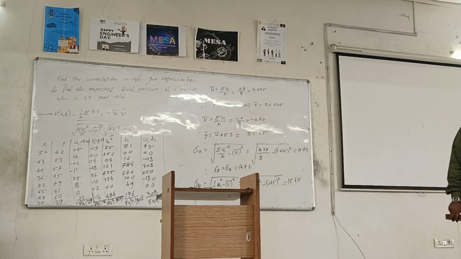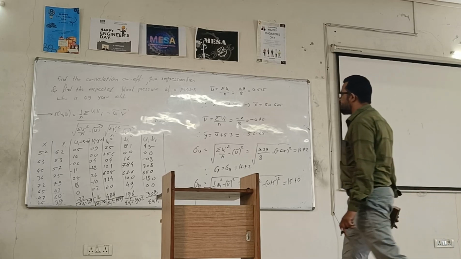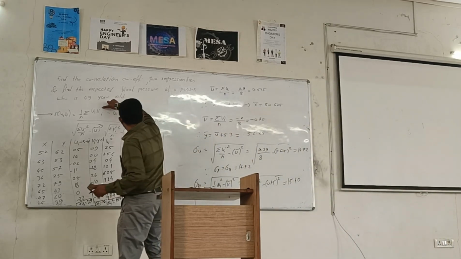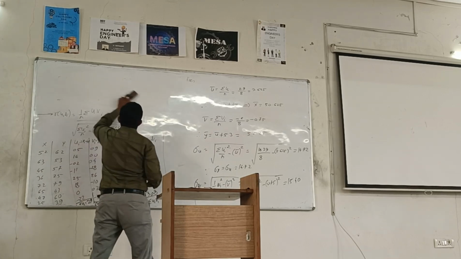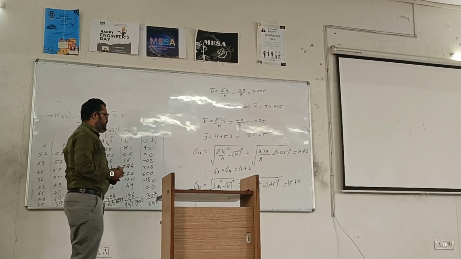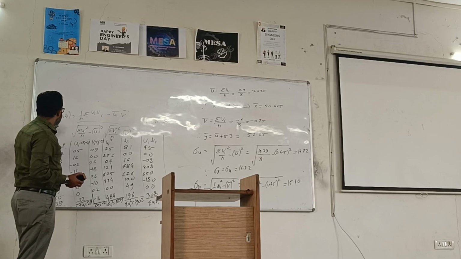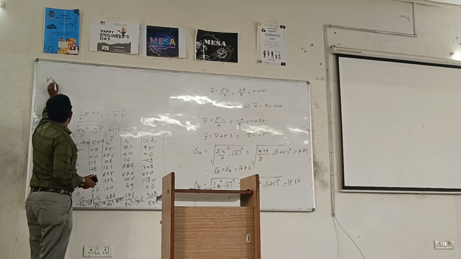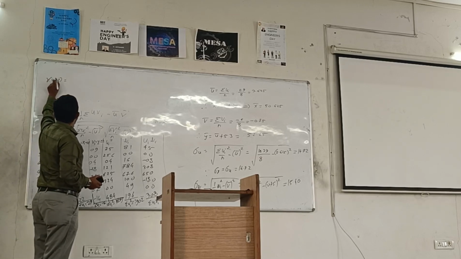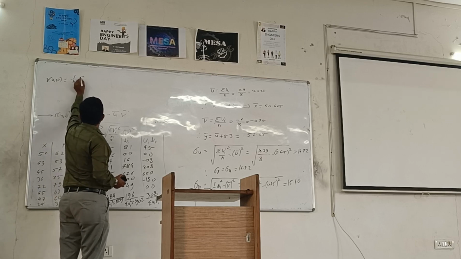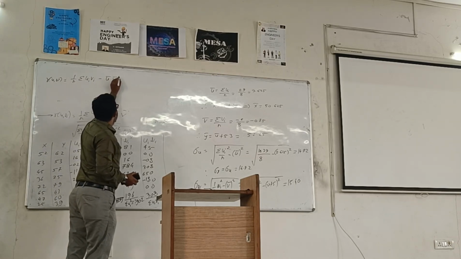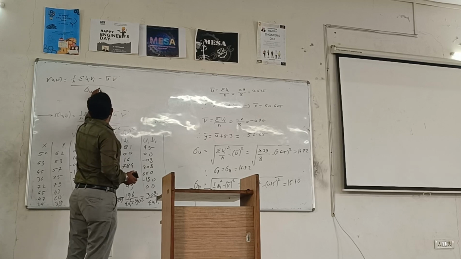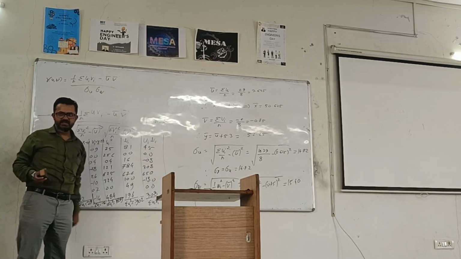Sigma u आ गया, sigma v आ गया. Let's find the numerator. Or let's find what is r of u comma v. It is nothing but 1 by n summation ui vi minus u bar v bar upon sigma u into sigma v, right.